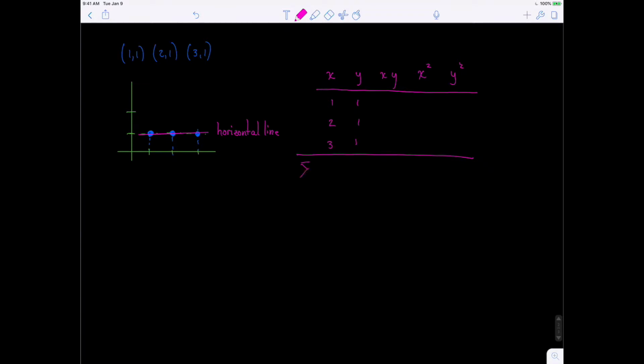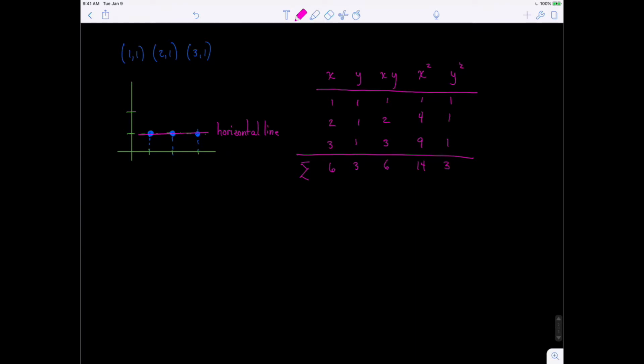We're going to make a sum here at the bottom. So the product is 1, 2, 3. The x's squared become 1, 4, 9. The y squareds are 1, 1, and 1. So if I add these up, I have a 6, a 3, a 6, 14, and 3.